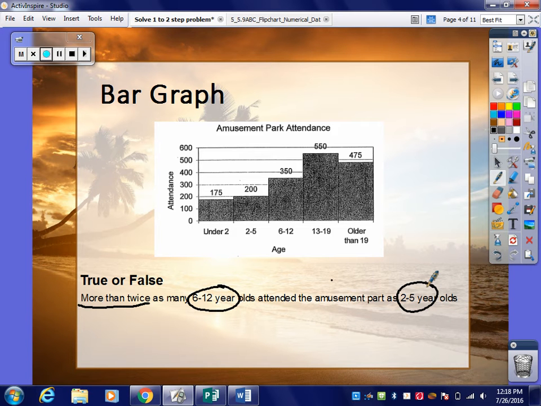Good. How many people were there that were 2 to 5? 200. And how many people from 6 to 12? 350. You found that. And is 350 more than twice 200? No, good.